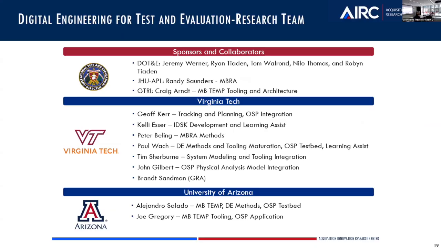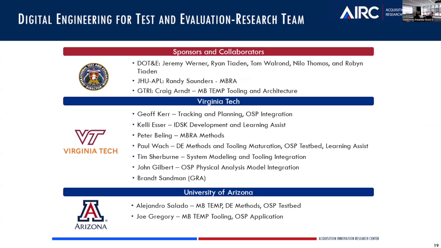And we have a fairly large research team. Some of the names that I didn't show earlier: Kelly Esser is helping to do things like the IDSK, if you've heard that term, the Integrated Decision Support Key. So how do you take a lot of the data from test and evaluation and put it in a format that the decision makers can understand, and also what data is important as well.